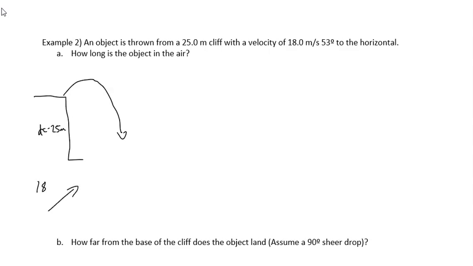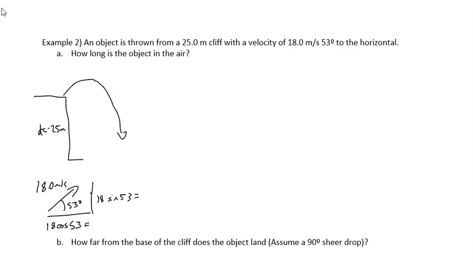We've got that 18.0 meters per second at an angle of 53 degrees. So finding the x and the y component, that's 18 cos 53, and this is 18 sine 53.